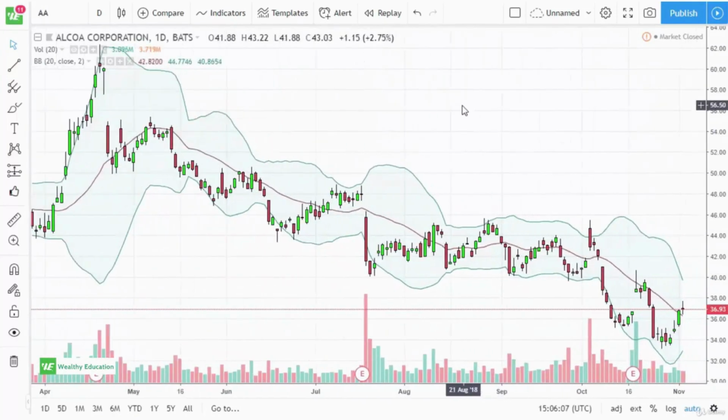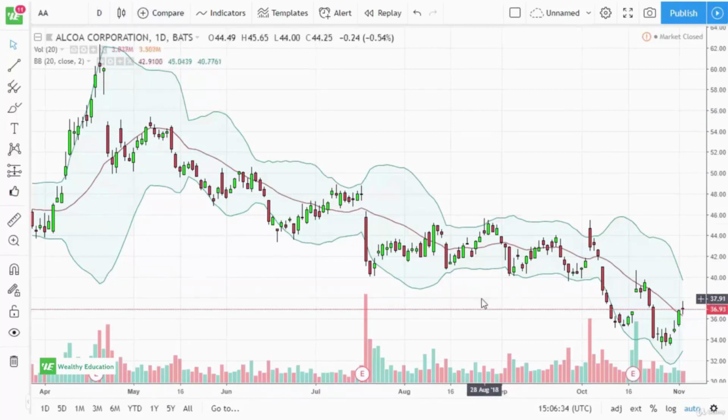So when you look at a Bollinger Band, you should think of it as a couple indicators in one. So you have the moving average, you have the standard deviations, you also have the width of the standard deviations.